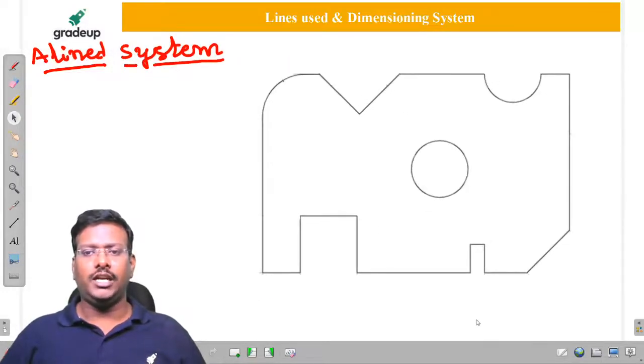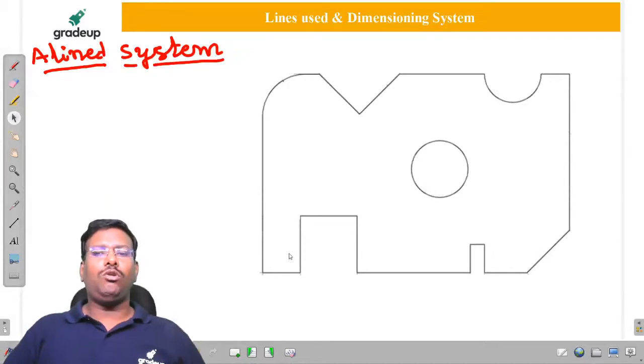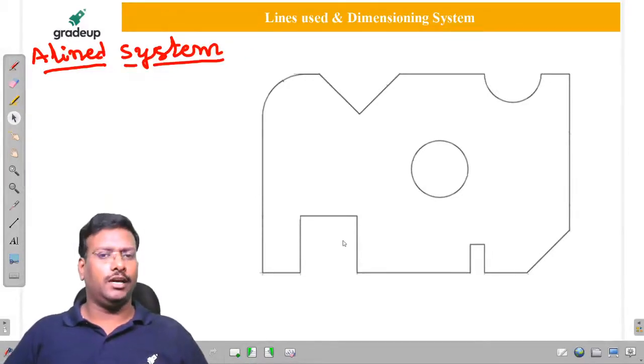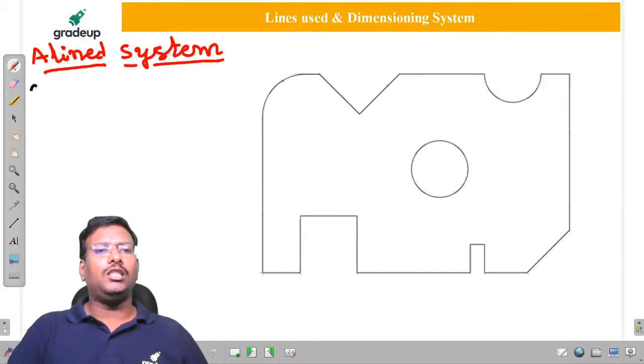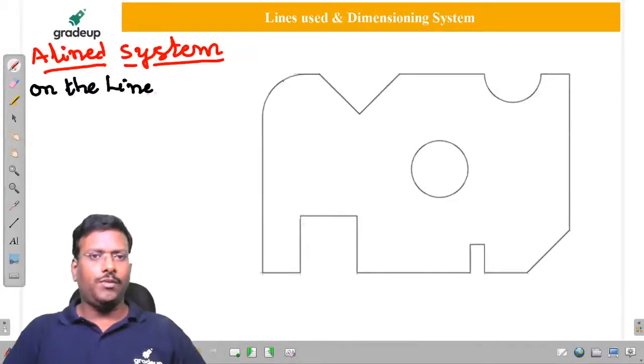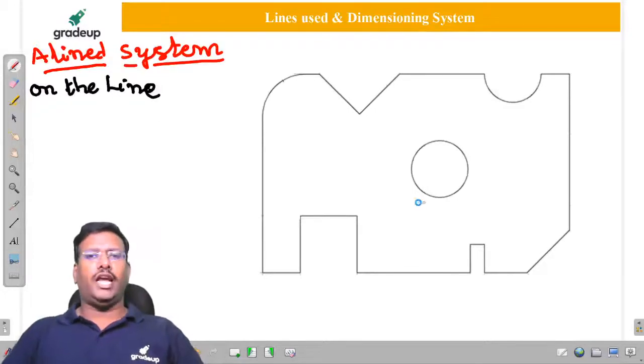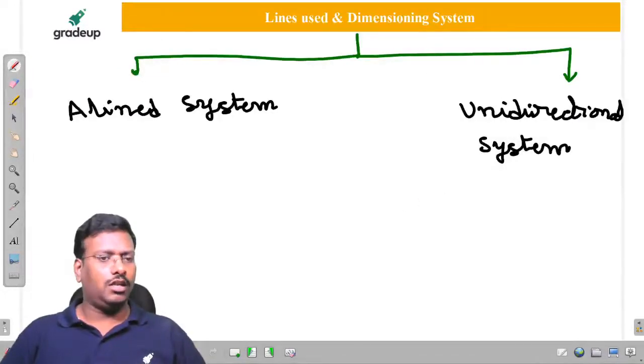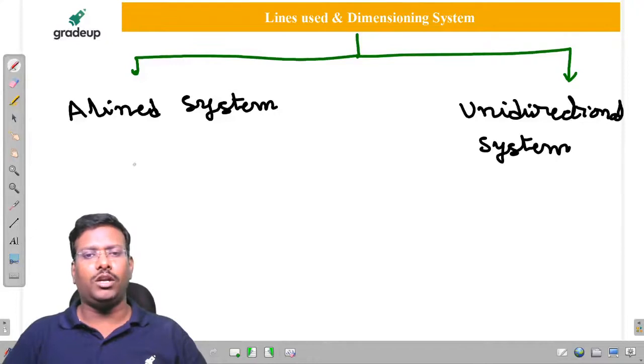This is an object, let us consider. Sir, how to give aligned system here? The name itself is saying aligned means on the line. On the line system. Okay, sir, before moving into the on the line word, how to give the dimensions? That is the important term we have to remember.